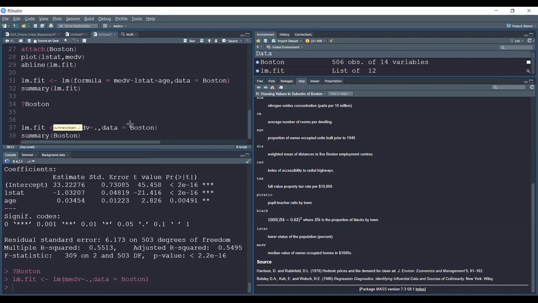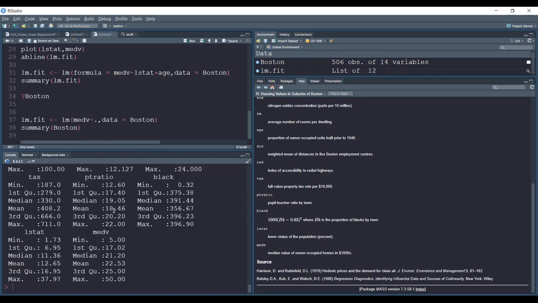How many estimated parameters are you expecting? Well, you're expecting 14 because you're expecting a parameter for each of the 13 predictor variables as well as the intercept parameter. Why did I summarize Boston? lm.fit.